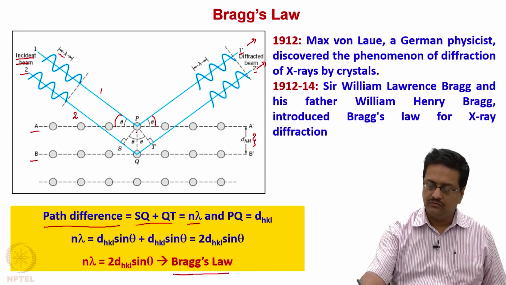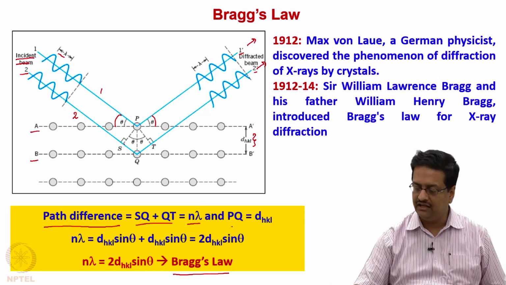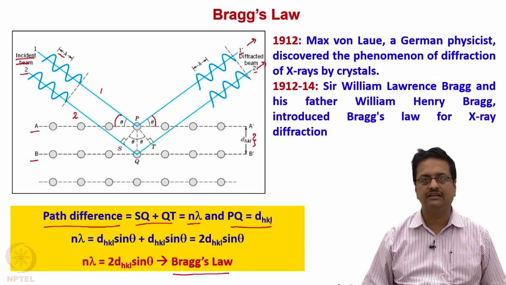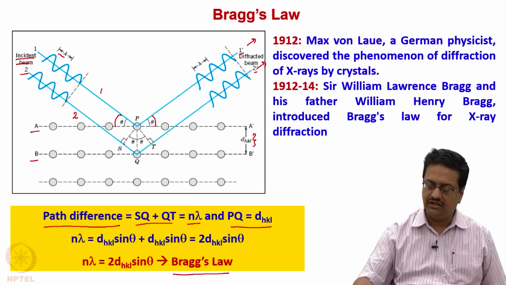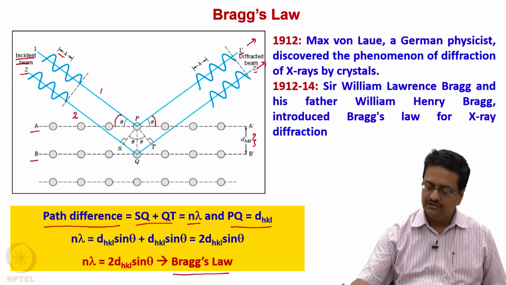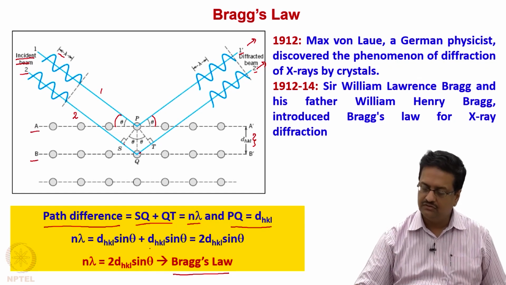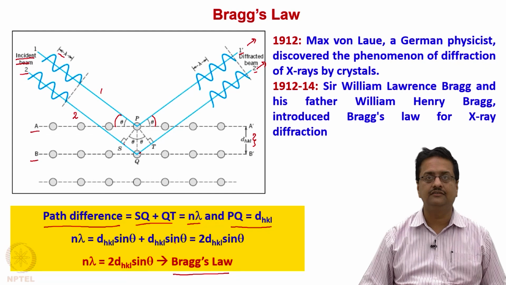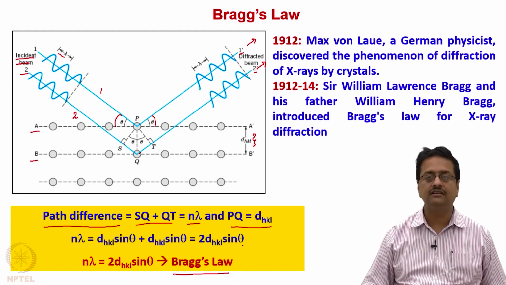So now, as we know, PQ is equal to d_hkl, the distance between a set of hkl planes. So n lambda is equal to SQ, which is d sin theta, and QT is also d_hkl sin theta, which means n lambda equals 2 d_hkl sin theta.